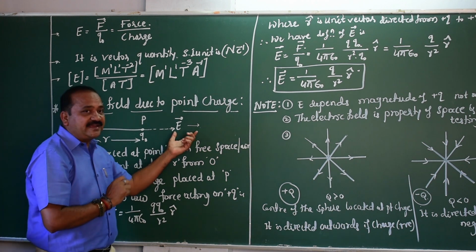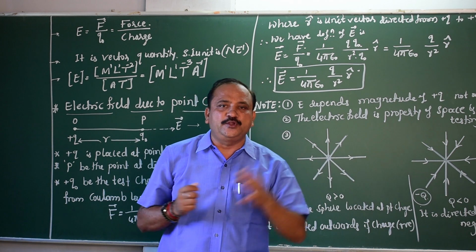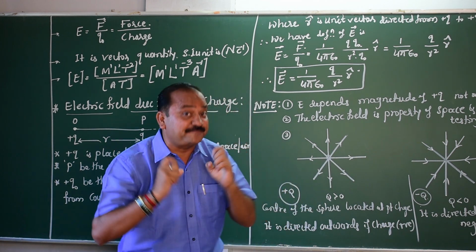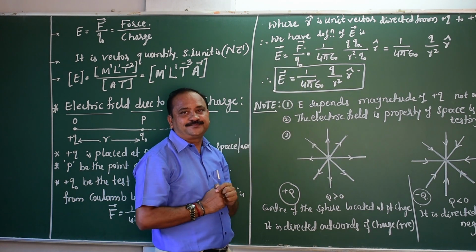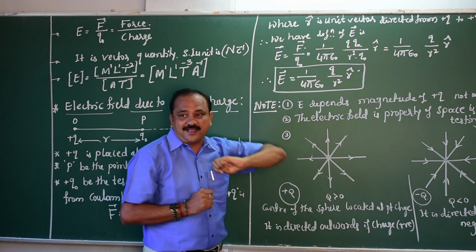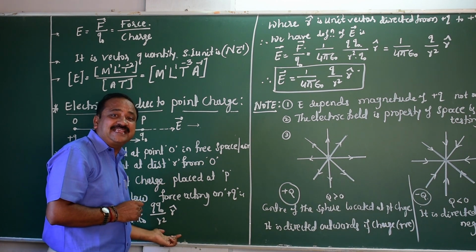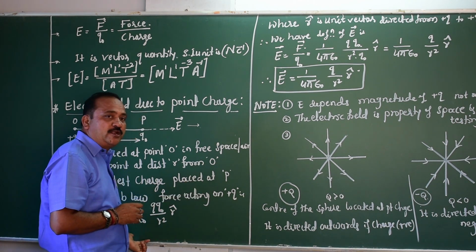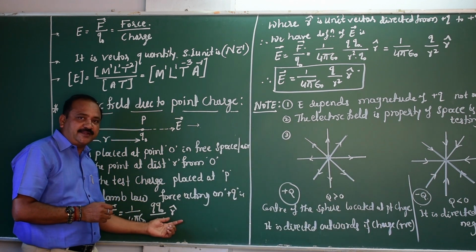We have the definition of electric field: the force experienced by a unit positive charge. That is, E equal to F divided by Q naught. We already have the Coulomb's law expression, F equal to 1 divided by 4 pi epsilon naught, Q Q naught divided by R square into the unit vector.